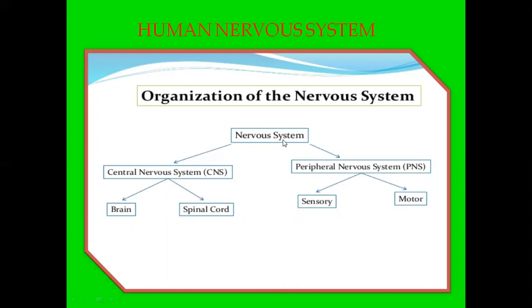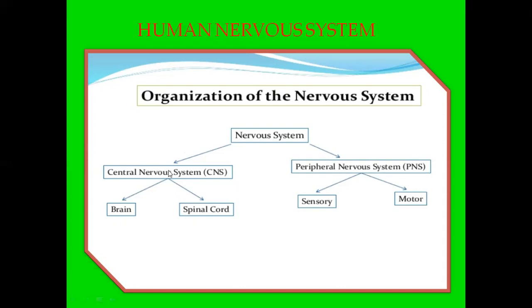The nervous system is an organ system containing a network of specialized cells called neurons. When we talk about the human nervous system and also other higher animals, the nervous system is composed of two major components.